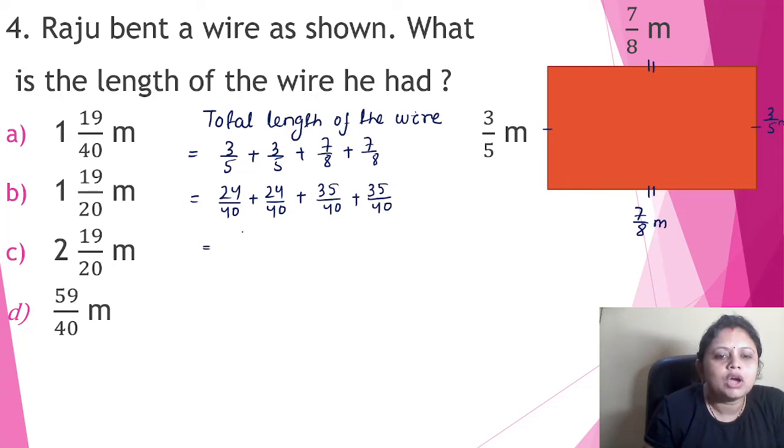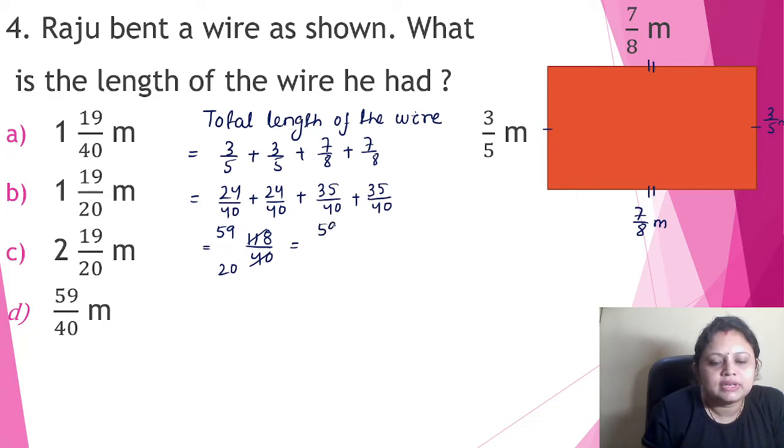Okay, so now we will add it. It is 118 by 40, and we can simplify it. Okay, we can cancel it with 2. If we cancel it with 2, then it will be 59 and here it will be 20.